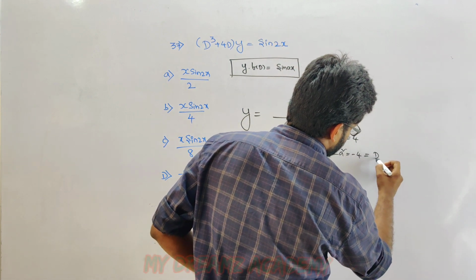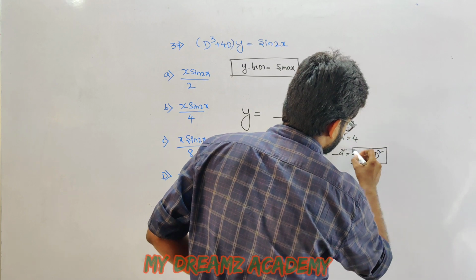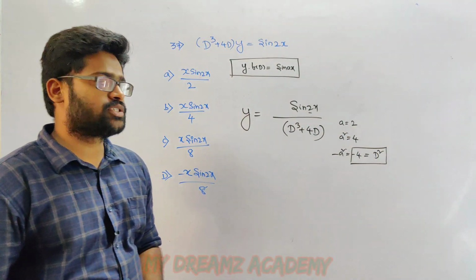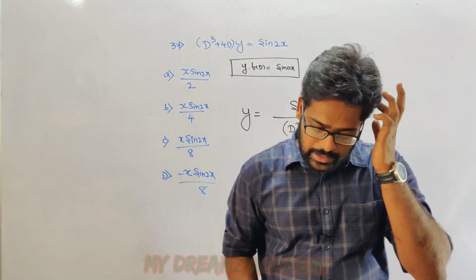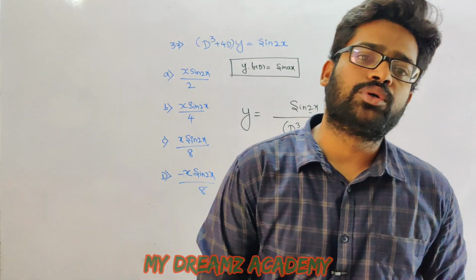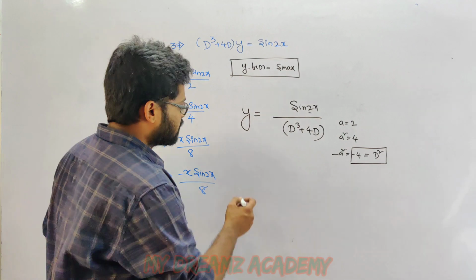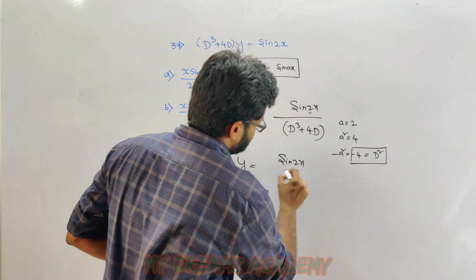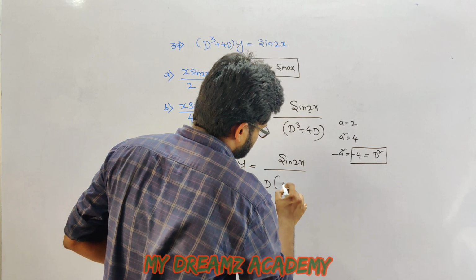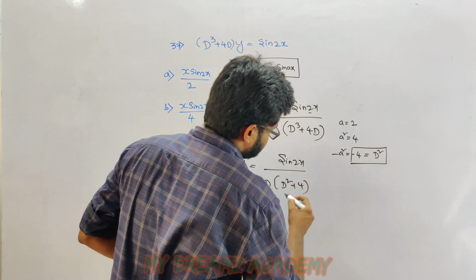You need to apply this value for d square is equals to minus 4. See the denominator, we don't have any d square term, so for that what you have to do, you have to take d common from that, that will give dy is equals to sin 2x divided by, take d common, that will give d square plus 4.